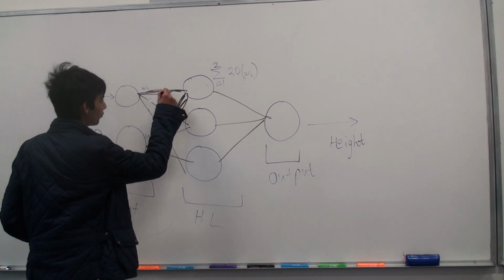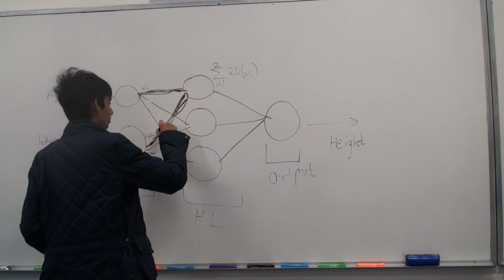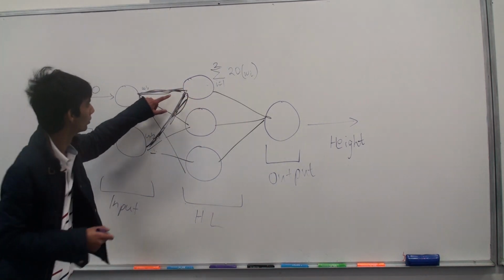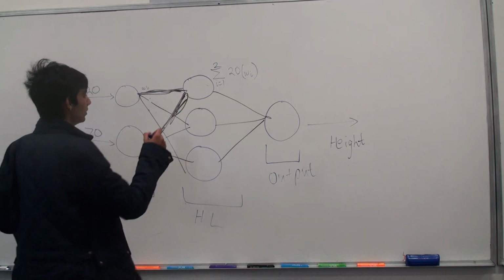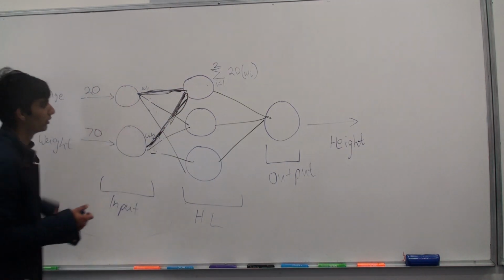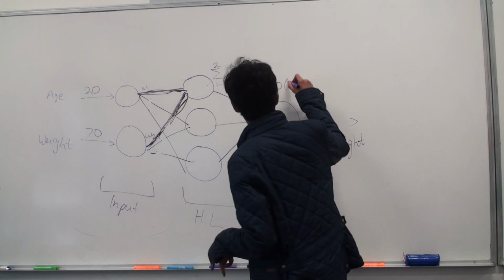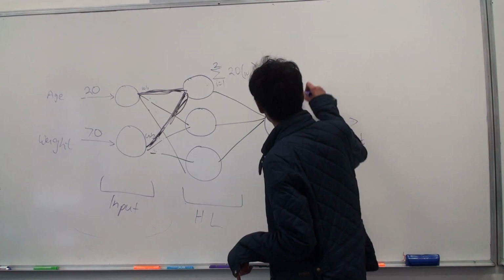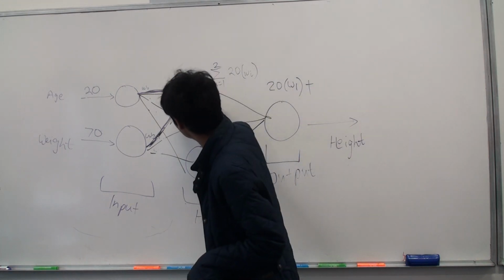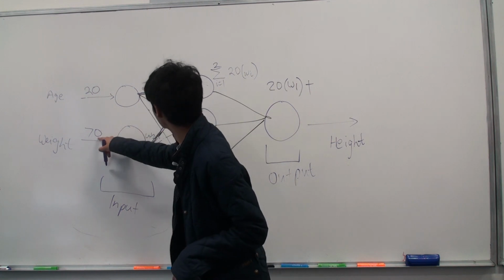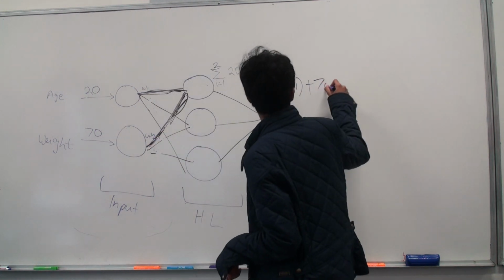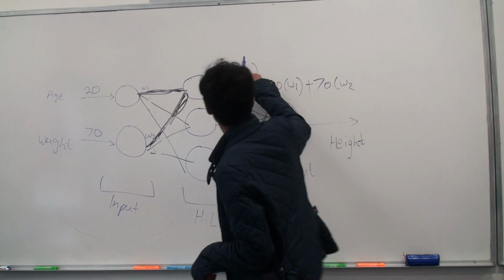We have one coming from W1 and one from W2. So the value here will be 20 times W1, plus, and this one's coming in, 70 times W2.